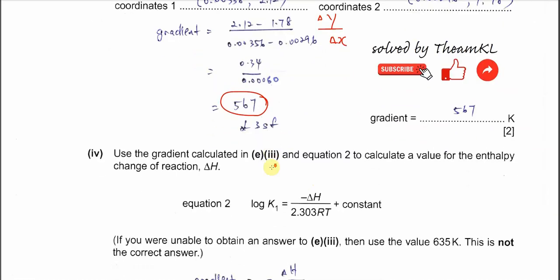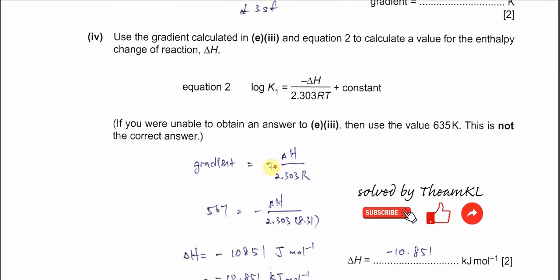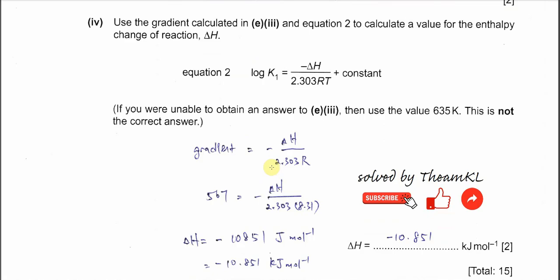Part 4. Use the gradient calculated in part 3 and equation 2 to calculate the value of enthalpy change. This is quite easy now.